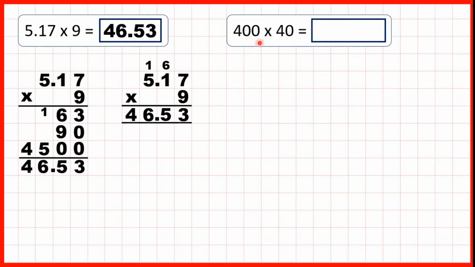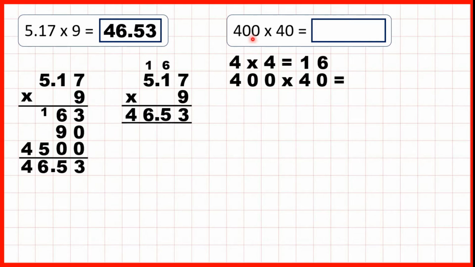Now 400 times 40. So when we've got multiplications that end in zeros, we don't need to use column method. We can use mental methods to get our answer, because we know that 4 times 4 is 16, which means that 400 times 40 is 16,000.